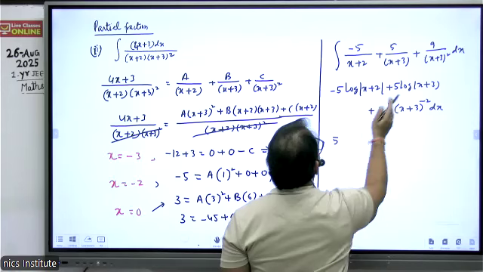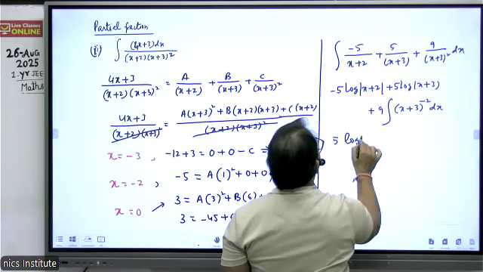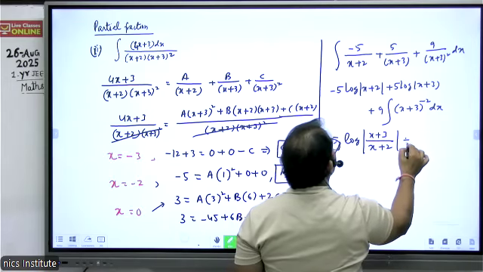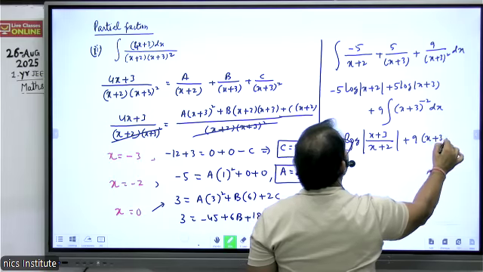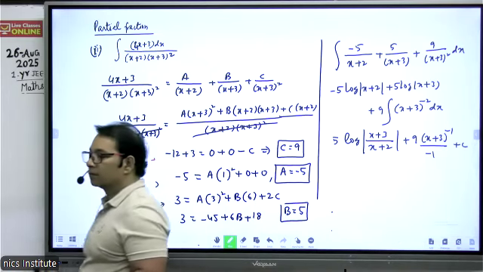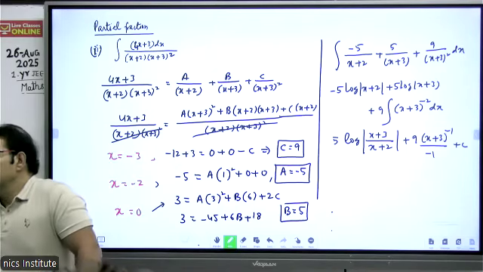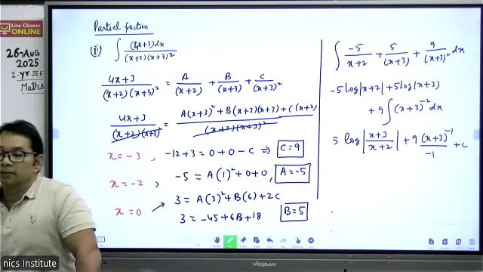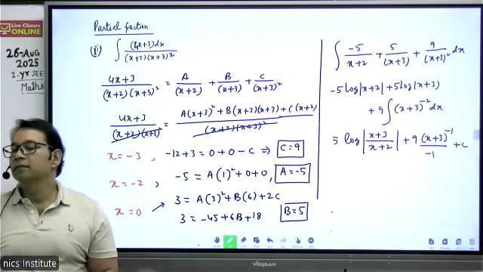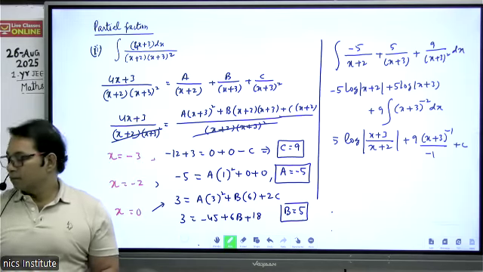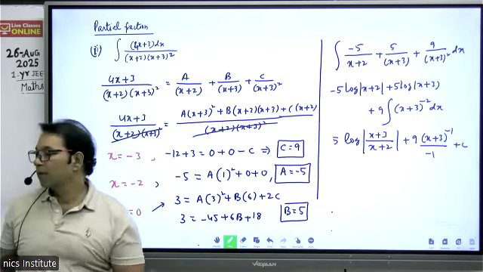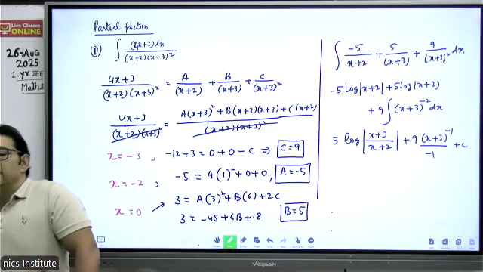Take 5 common. Log a minus log b. Right?